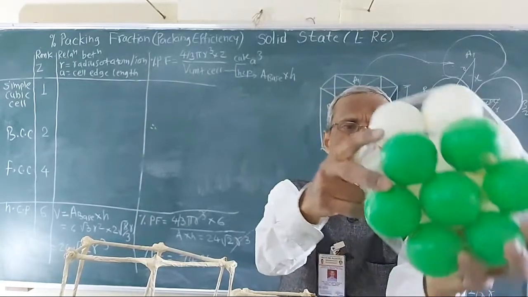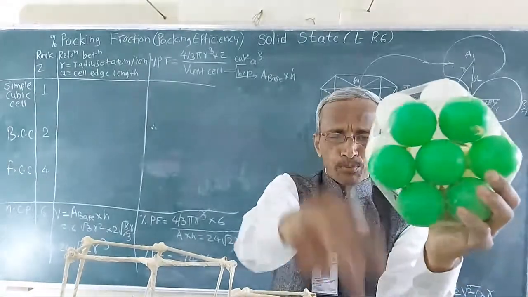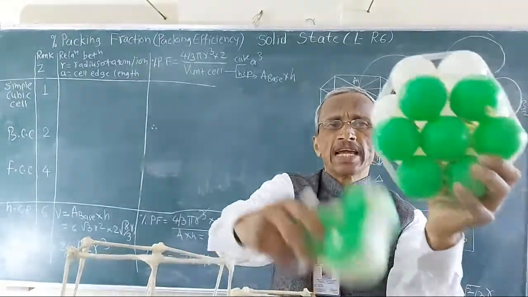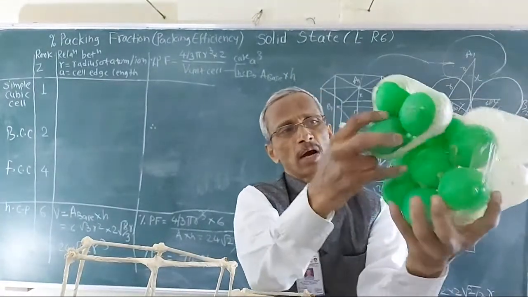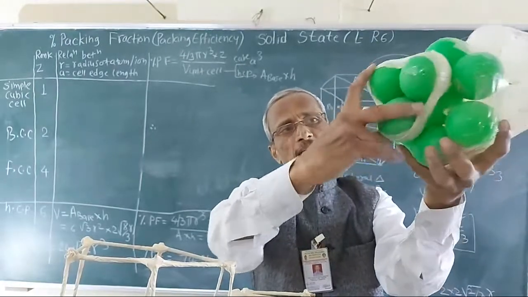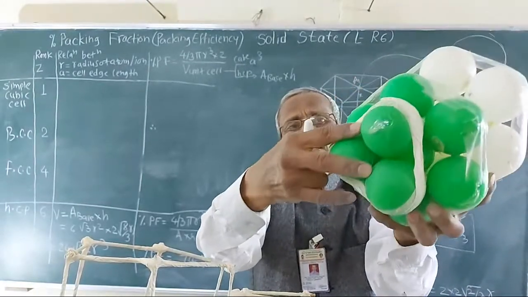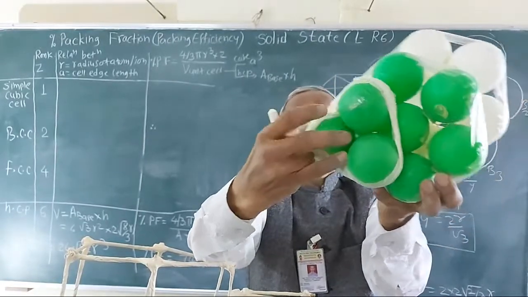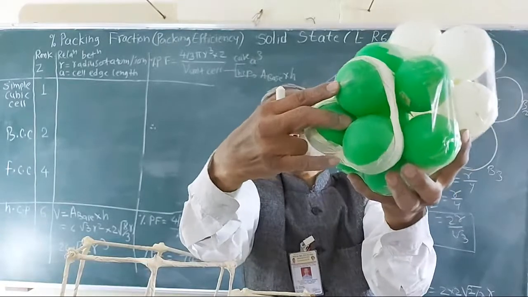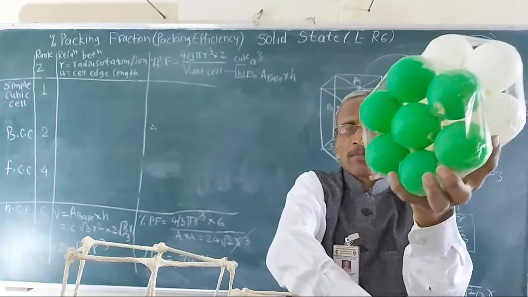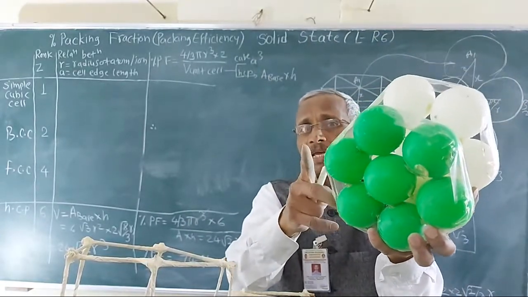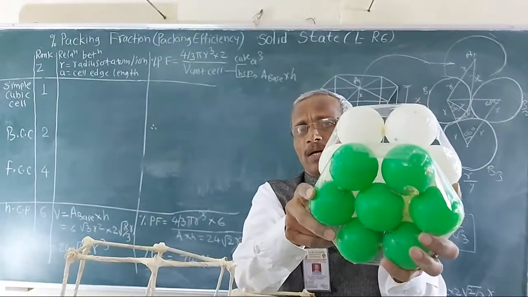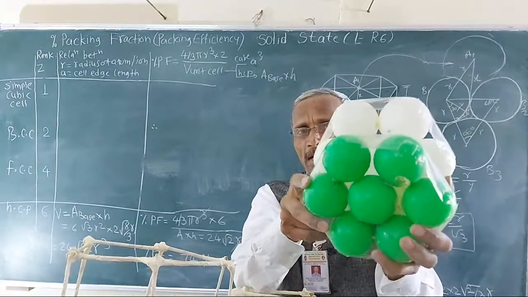Now when the third layer is put on the tetrahedral voids, then the HCP pattern is formed. Like this or this, either one. So here one can put the third layer on the tetrahedral voids, the ABA type geometry forms, and the HCP type hexagonal close packed structure is formed.